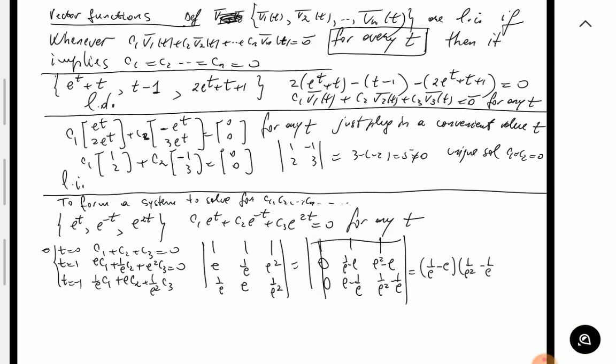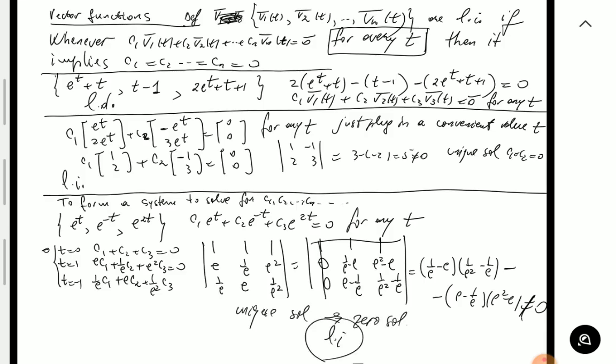Just do enough, maybe with the computer, to convince yourself that this is not equal to 0. I'm not going to bother to simplify this, but this is going to be a non-zero determinant. So therefore, you have a unique solution, which means in this context the 0 solution. So that means a linearly independent set of functions.